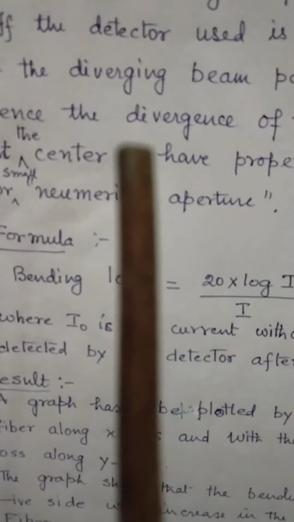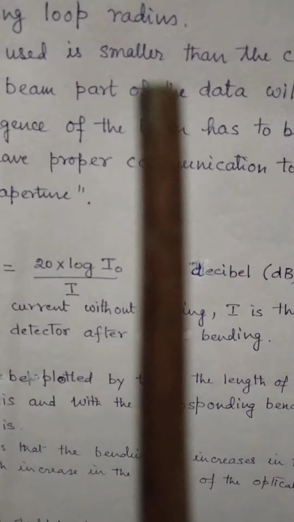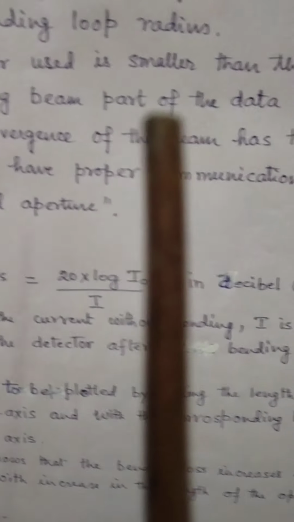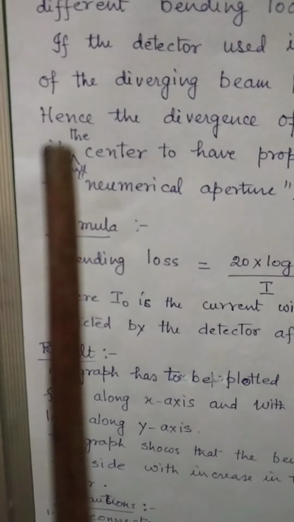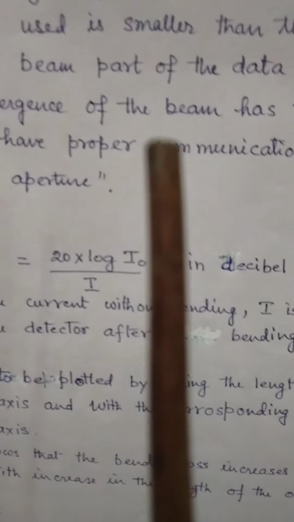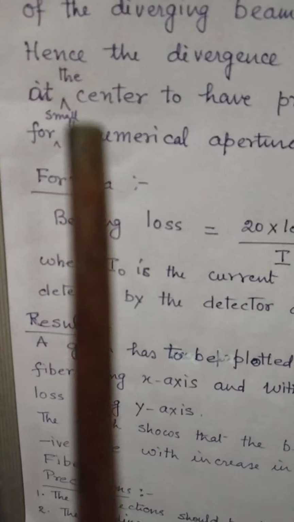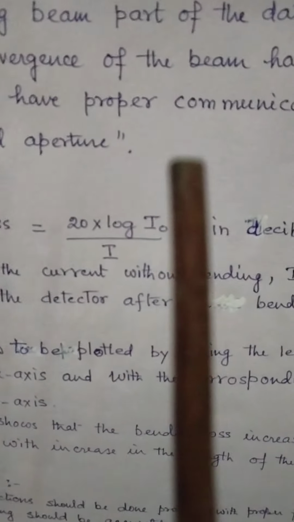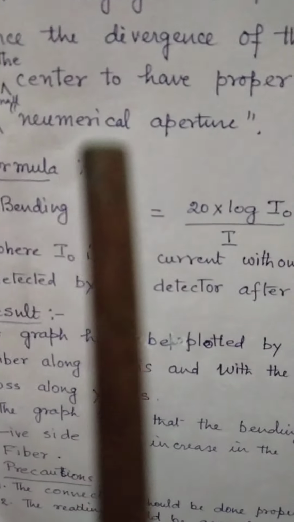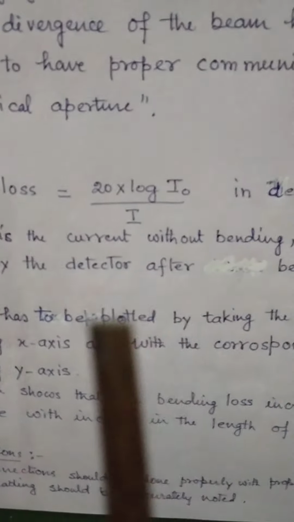So it should be noted that the radius of the detector should be higher than the radius of the diverging beam. Hence, the divergence of the beam has to be small at the center to have proper communication, to account for small numerical aperture.